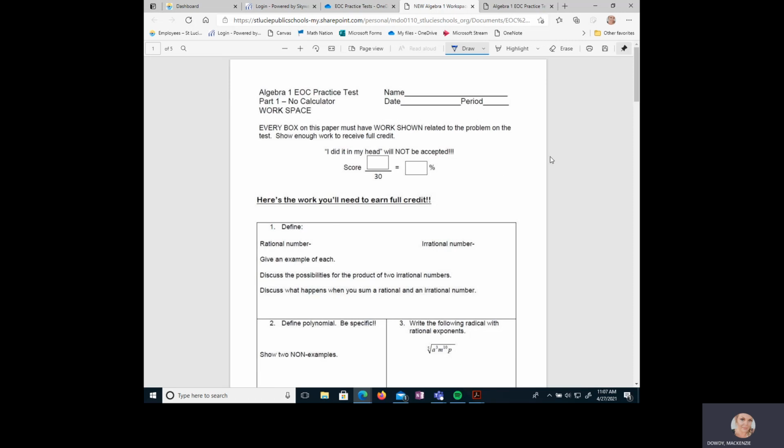All right, so number 1 asks us to define a rational number and an irrational number.